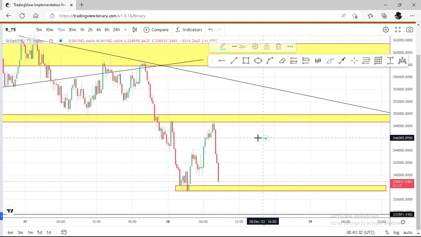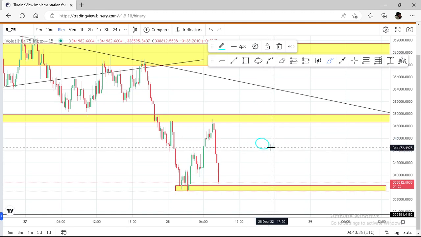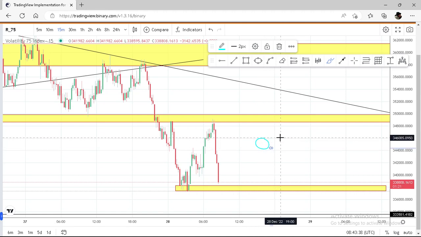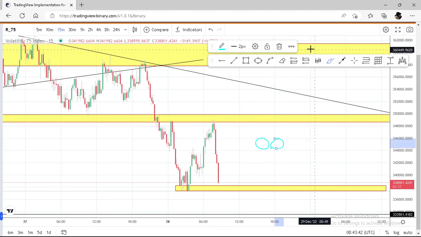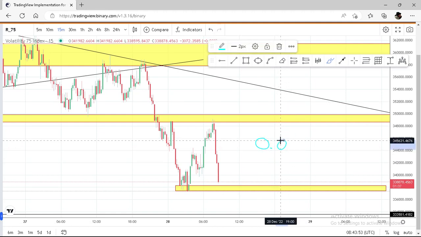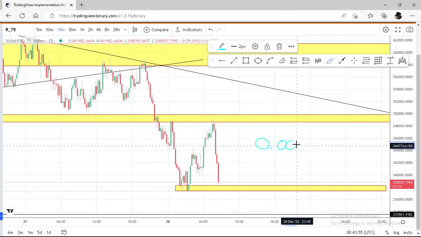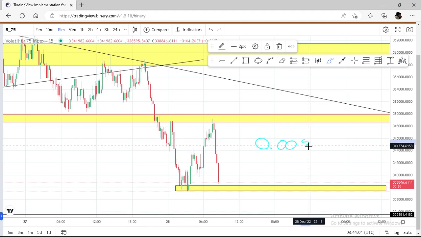When you're trading VIX, it's 0.0, then another 0, another 0, so this is 3, right?